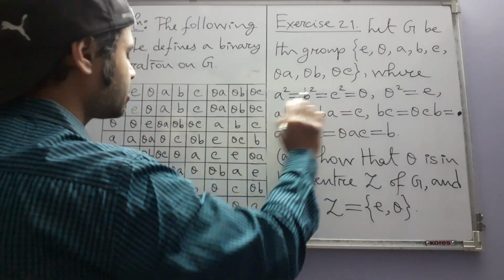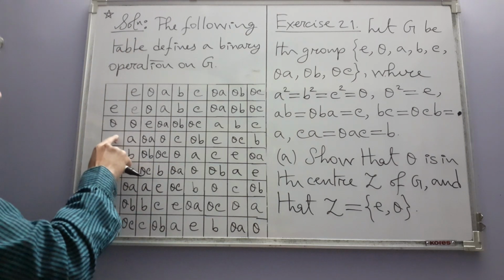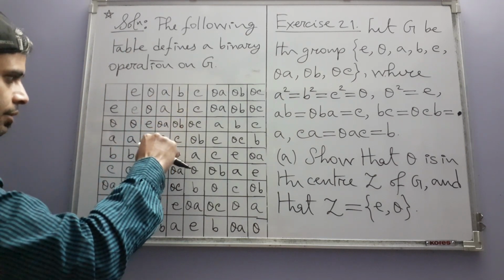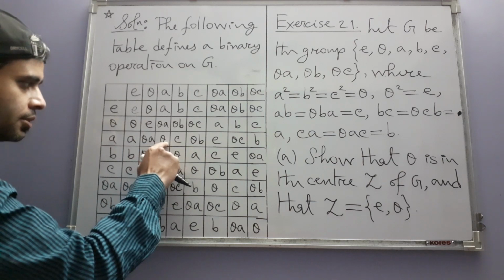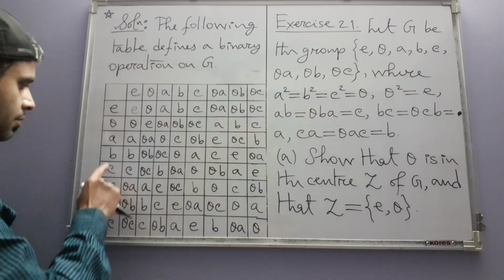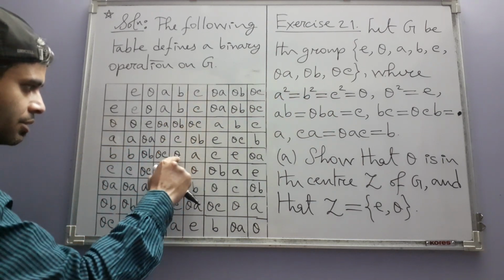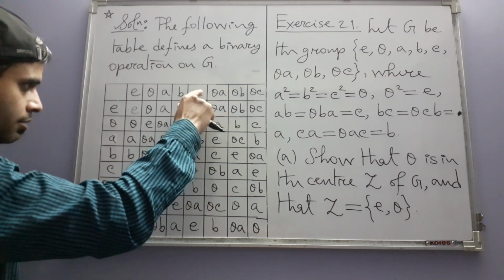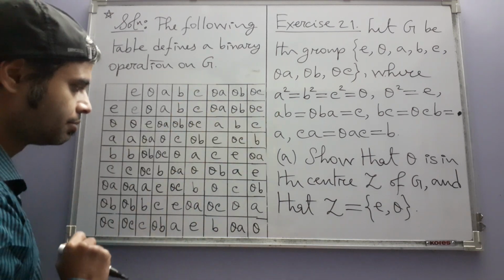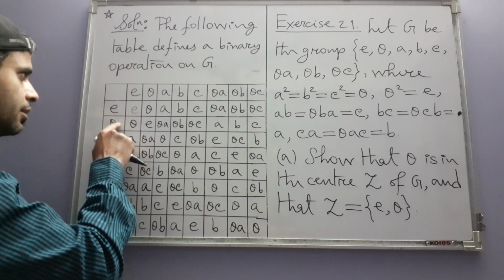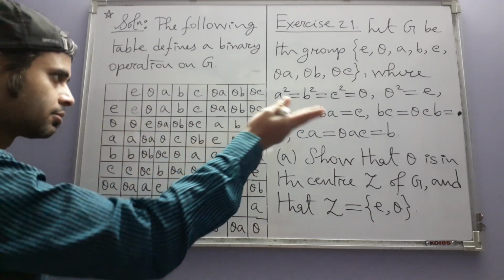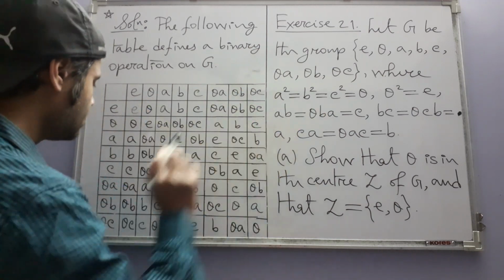What about the squares of A, B and C? A square is theta, see? B square is theta, C square is also theta. And what about theta square? Theta square is E. Fine. What is AB?